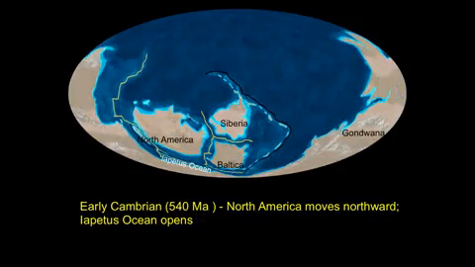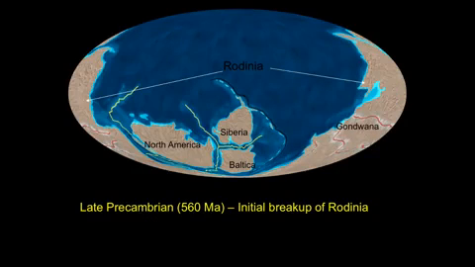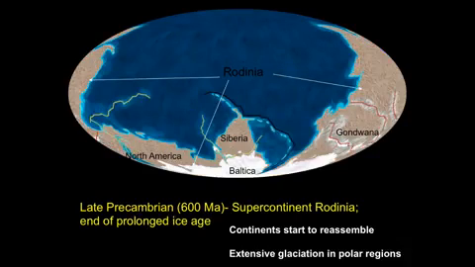Going back even further, we see now that these continents are coming together again. And around 600 million years ago, we call this supercontinent that existed before Pangea, Rodinia. Rodinia is characterized by all the continents being together 600 million years ago, and again, extensive glaciation in the polar regions.